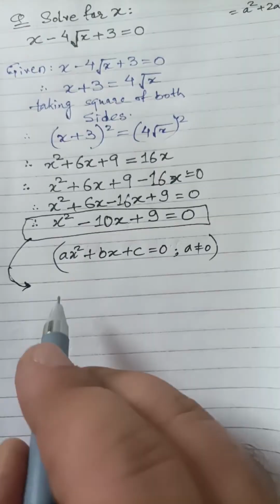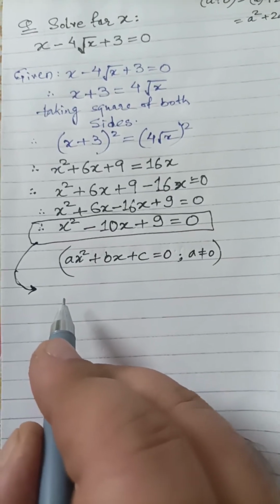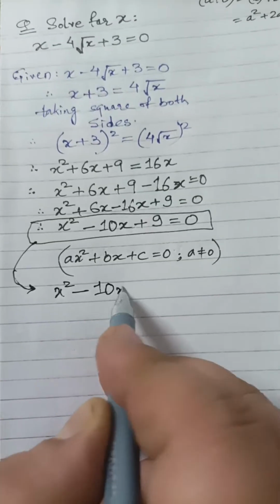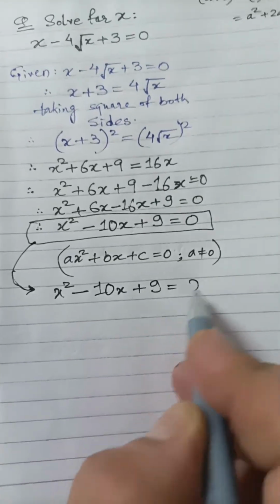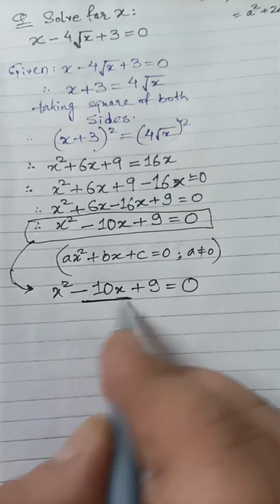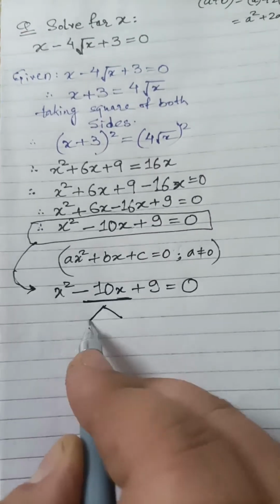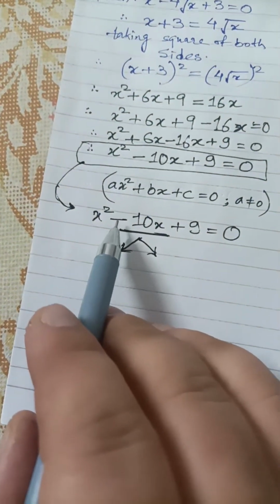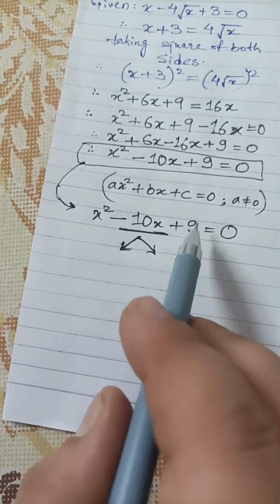Now taking the sum further, we have been given that x square minus 10x plus 9 equals to 0. Now this middle term needs to be bifurcated so that we get, upon doing subtraction, 9 in our answer.